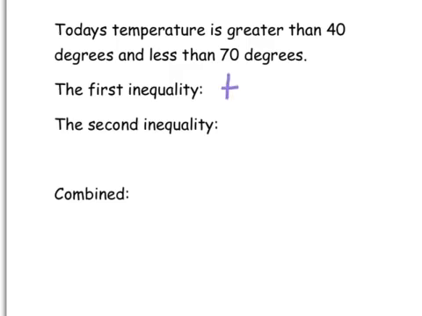Temperature is greater than 40. So that's my first inequality. Now my second inequality, it says the temperature is less than 70. So I'm going to write the temperature is less than 70.